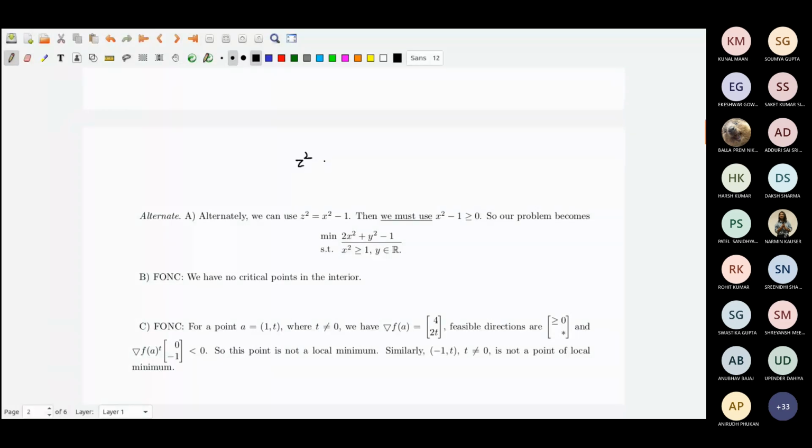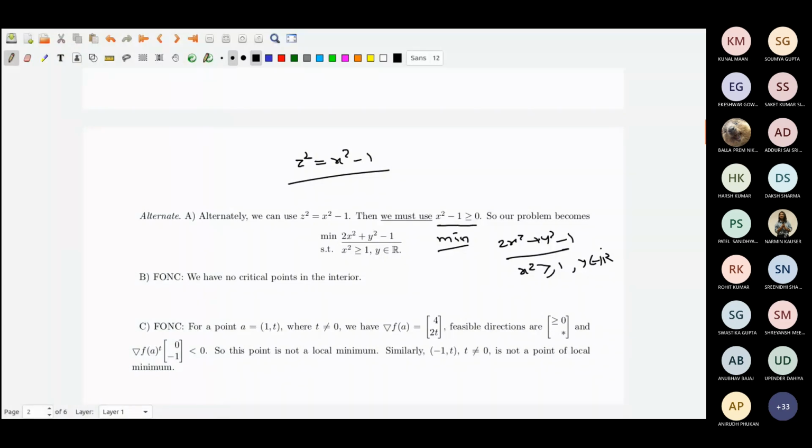If I do that when I am doing the conversion, then I must use that x square minus 1 is greater than equal to 0. That means x square is greater than equal to 1. So our problem becomes: minimize 2x square plus y square minus 1 subject to x square greater than equal to 1 and y belonging to R.